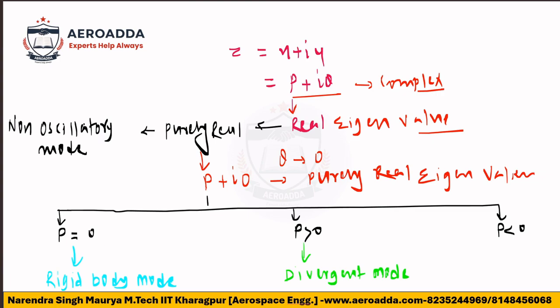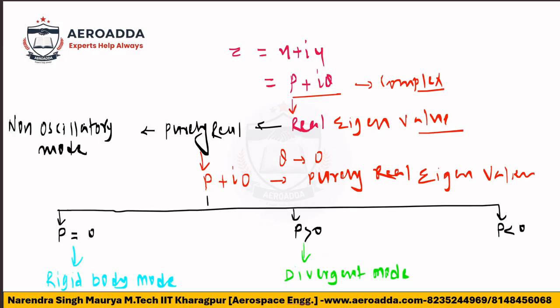But in non-oscillatory there will be a divergent and a convergent. Divergent means without any oscillation it will go away from equilibrium, and convergent means it comes to equilibrium but without any oscillation.